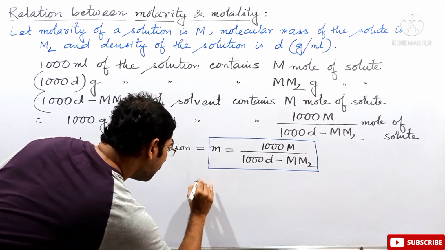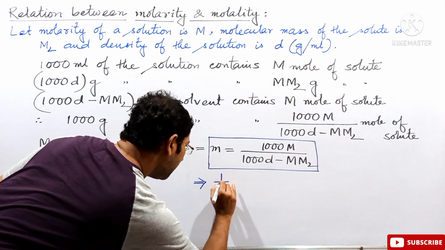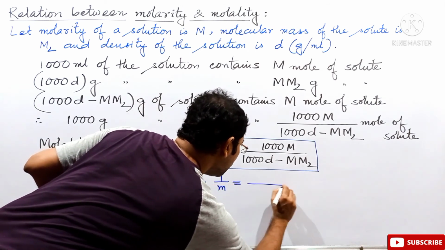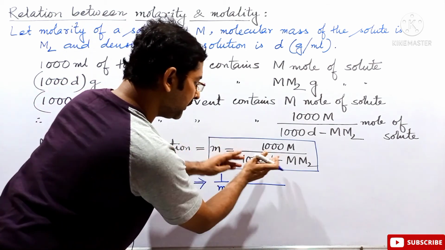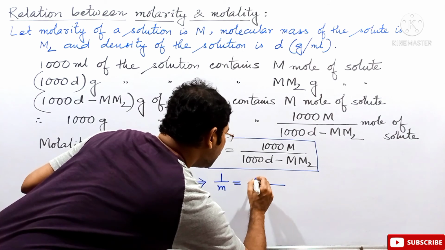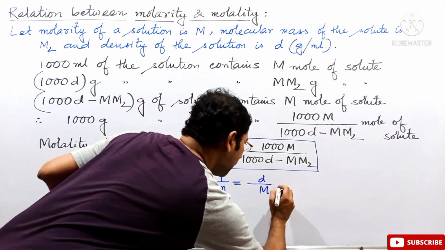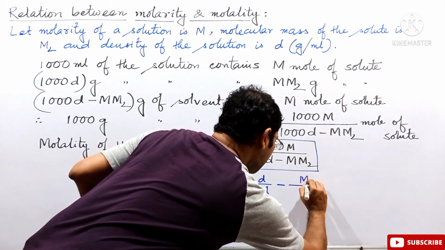We can take the reciprocal of this equation. This is 1 by small m, molality. This equals the reciprocal of this one, so this one will be the numerator. So this is d by capital M minus M2 divided by 1000.